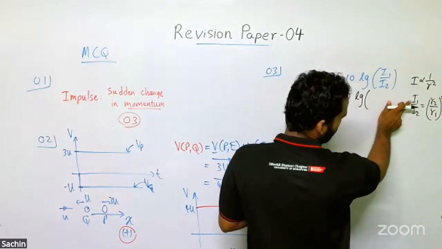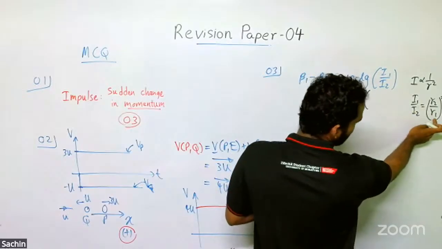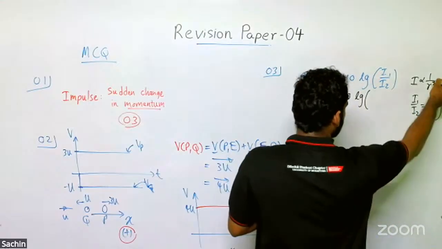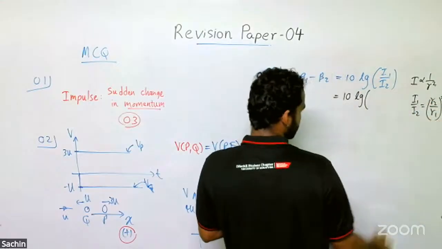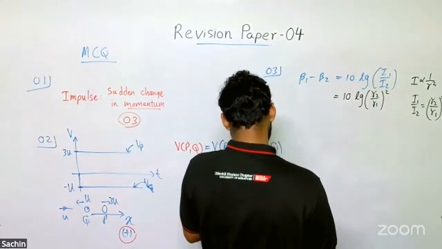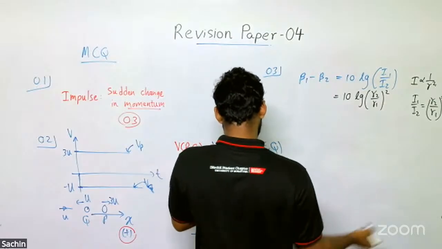Inverse proportion: if one is in the numerator, on the other side it should be in the denominator. And this is squared, so there's a square.